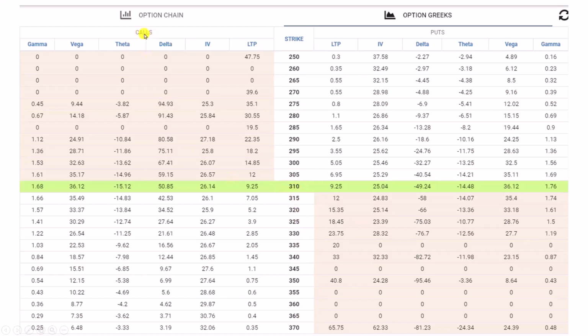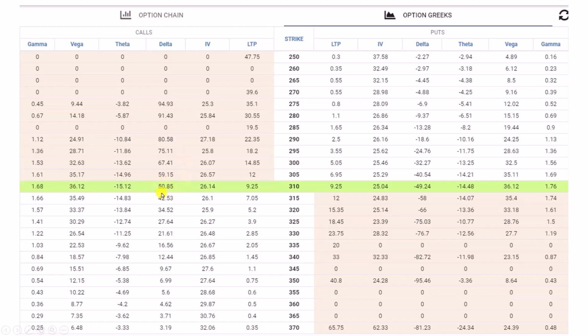Now for the call option, all the strikes below 310 are in the money, and all the strikes above 310 are out of the money. You know that by now, correct? For the put option, all the strikes above 310 are in the money, and those below 310 are out of the money. And in this video we are learning about delta, correct?